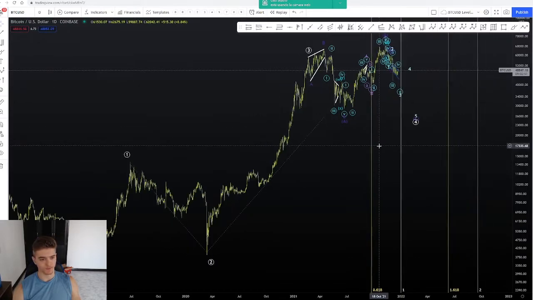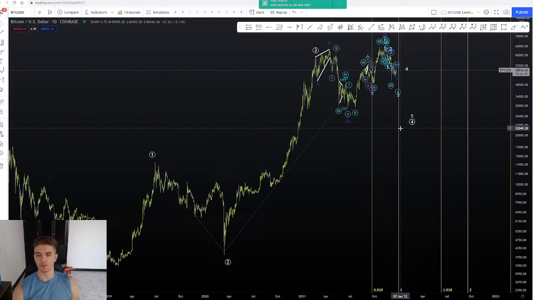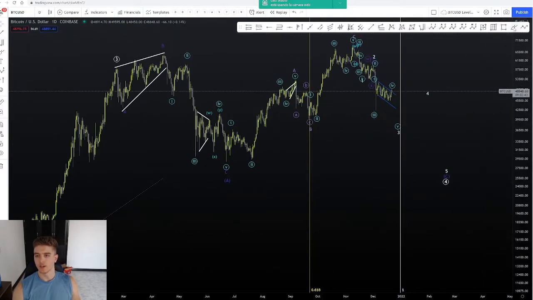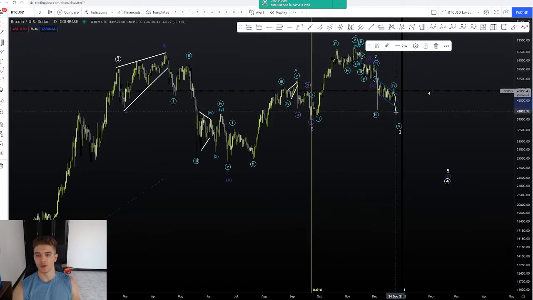So that's a pretty big Fibonacci time pivot I have right now, personally. That's something I'm going to be looking at, especially if we're making our way down here on that day. You can't say for sure, but it's definitely a time pivot to look for if you're looking for a bottom to be put in.